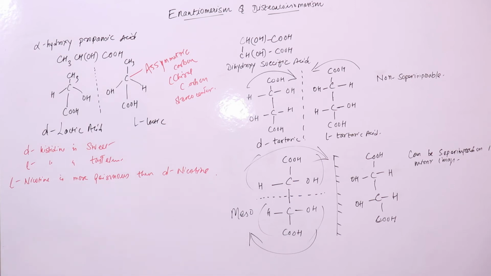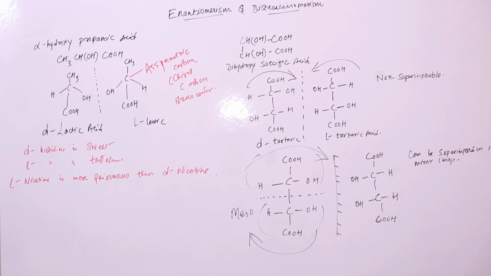Now let's look at what diastereomers are and what diastereomerism is. Like these two optical isomers which are mirror images of each other, the optical isomers of a compound which are not mirror images of each other are diastereomers, and the phenomenon is diastereomerism.